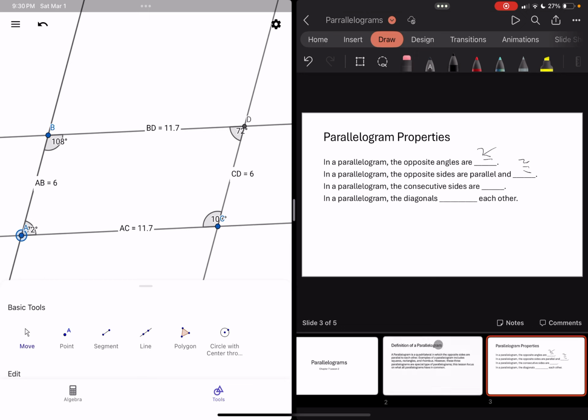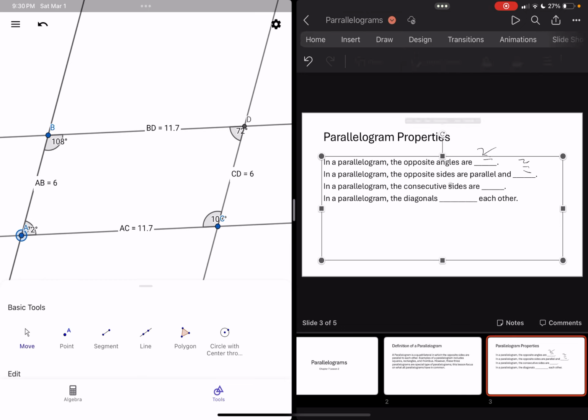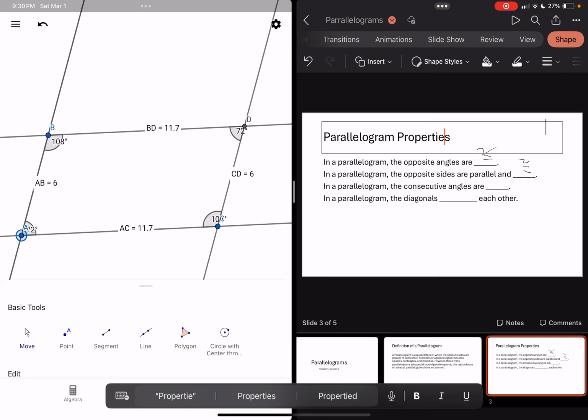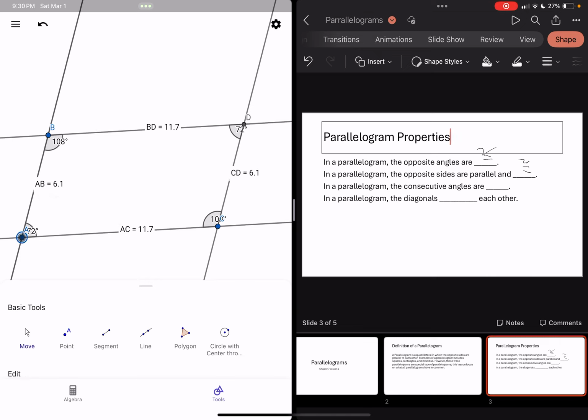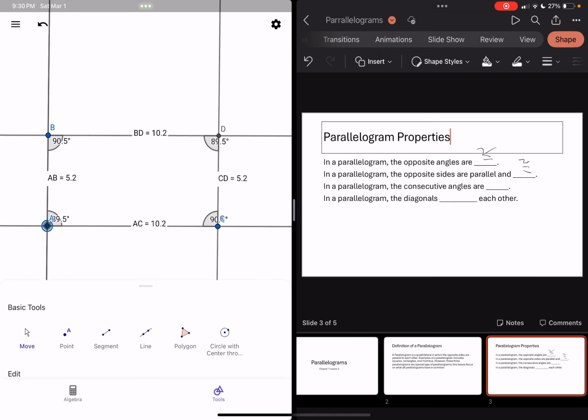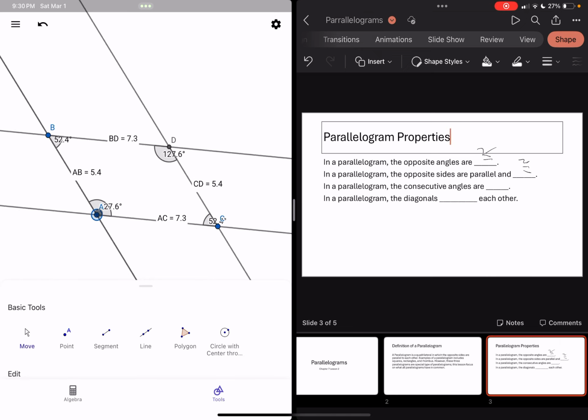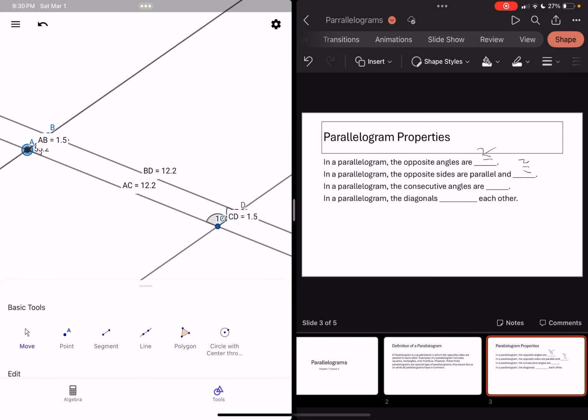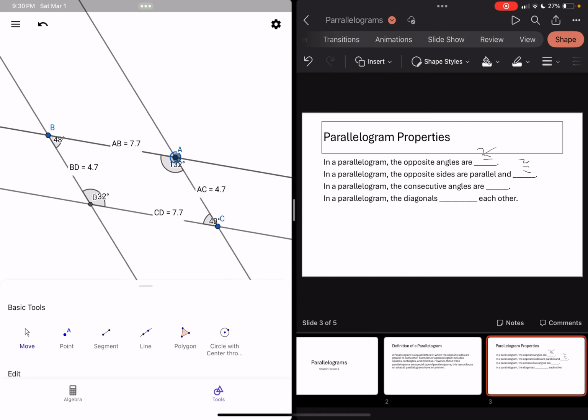And then the consecutive, this is supposed to say angles, by the way, that's my fault. Consecutive angles are, well, let's look here. This is 108 and 72. Those are supplementary. If I move this, it's a little hard, but the angles are always going to be supplementary.